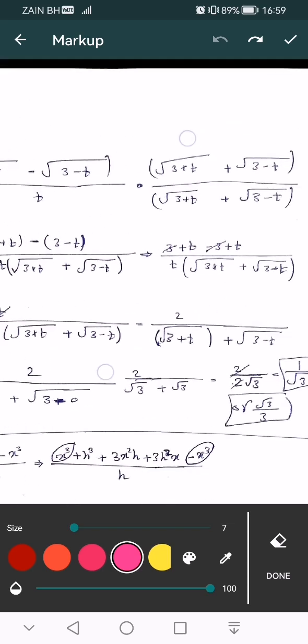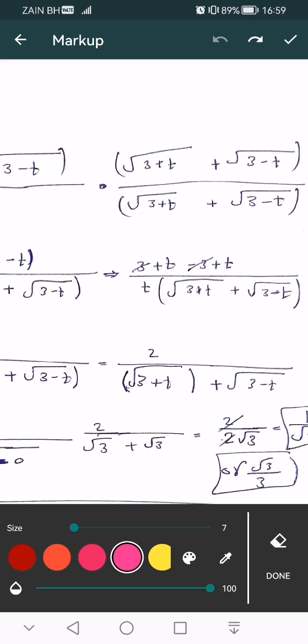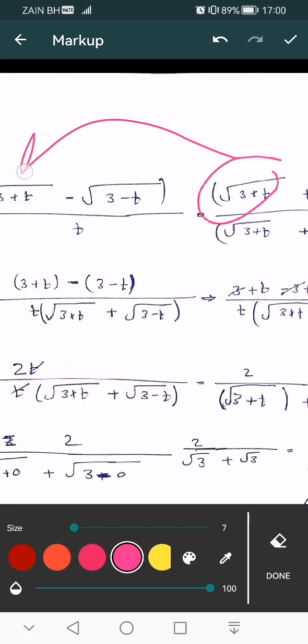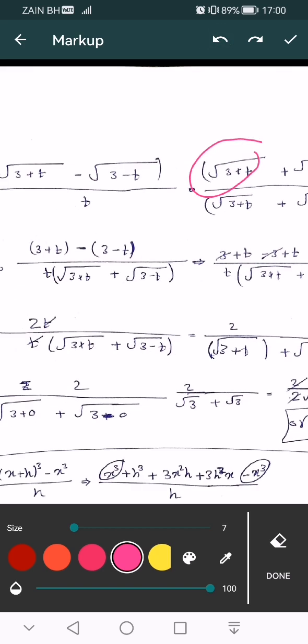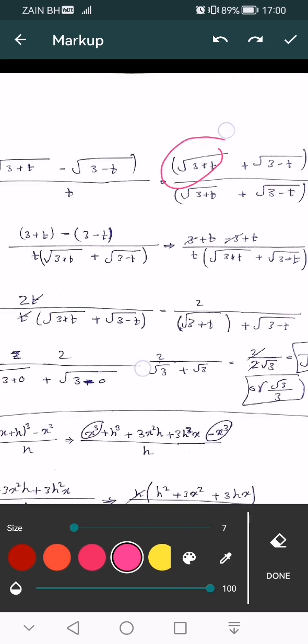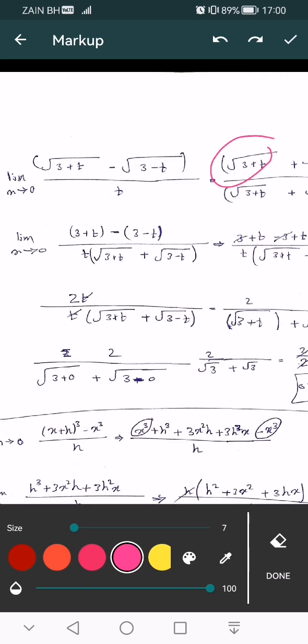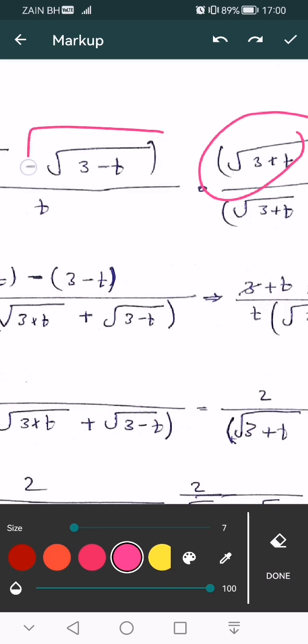As I said in the previous recording of 2.3, if you multiply this, you have to do something: multiply first by first and second by second only. Why? Because if I multiply first by first, first by second, second by first and second by second, I will reach something called minus.